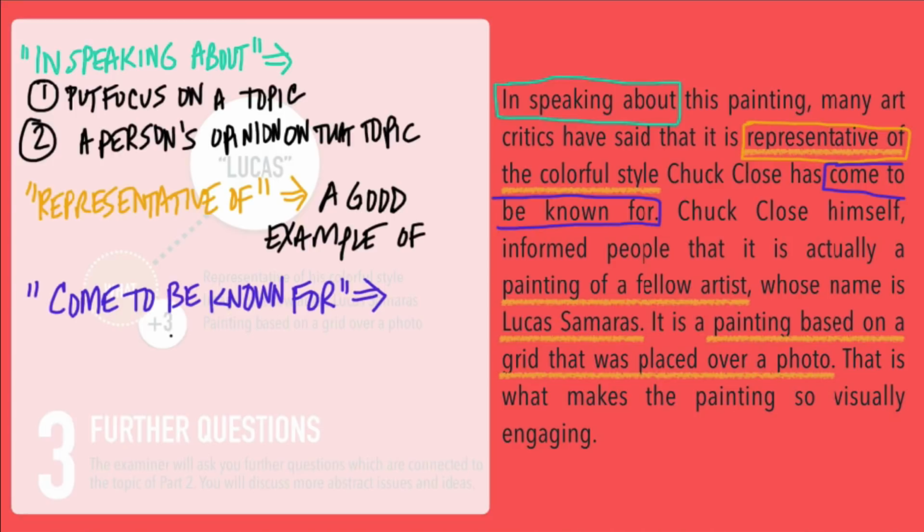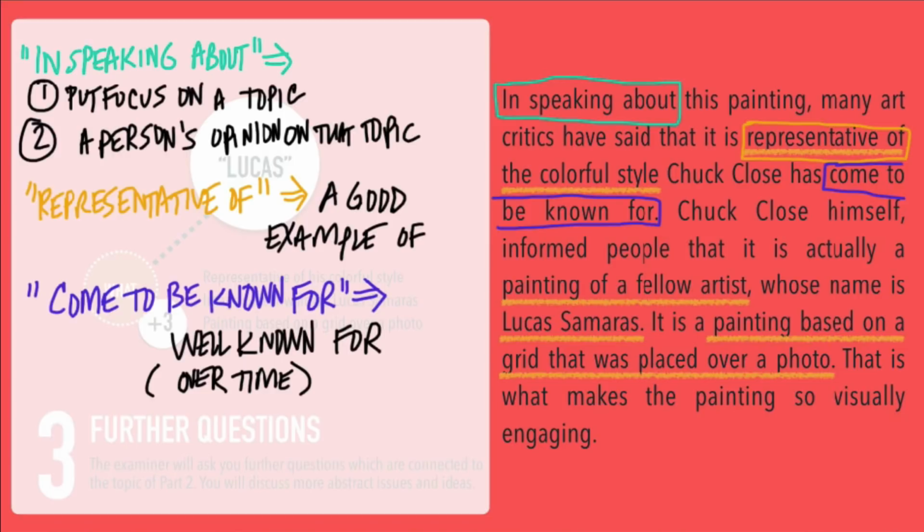It just means well known for. Now, the only difference is instead of it just meaning well known for, it emphasizes that there was a process that happened over time that led this person or this thing to become popular or well known.